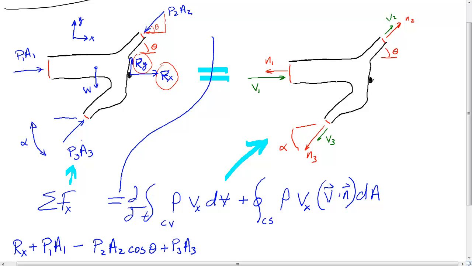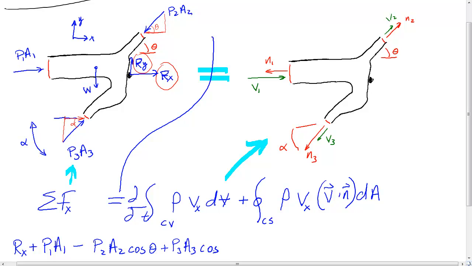P3A3. Now again, we'll slip in here real small like. And we're looking for this component where this is alpha.